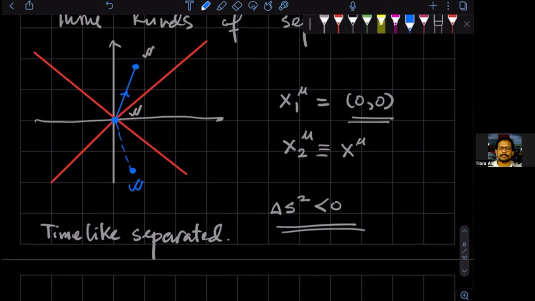That vector is a future pointing vector. And a vector pointing in this direction would be a past pointing vector, right? Is it clear? Yes, sir. Okay.